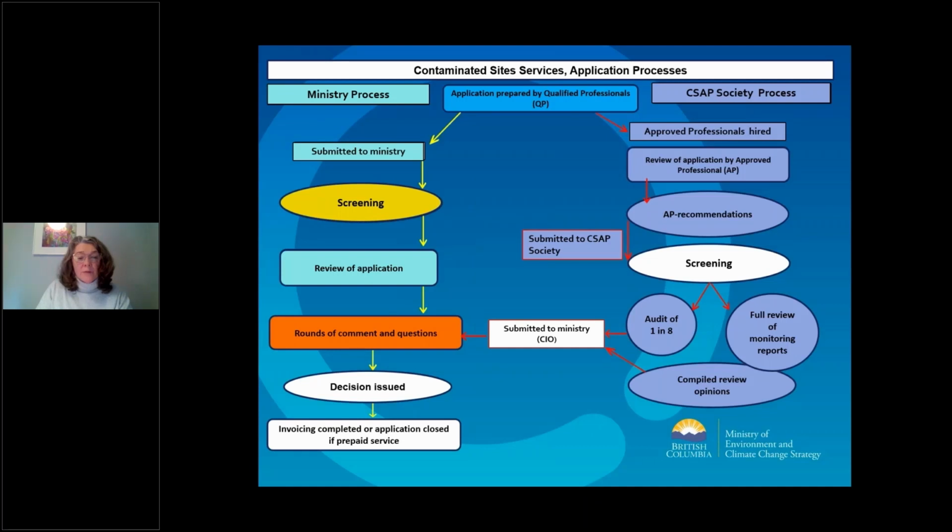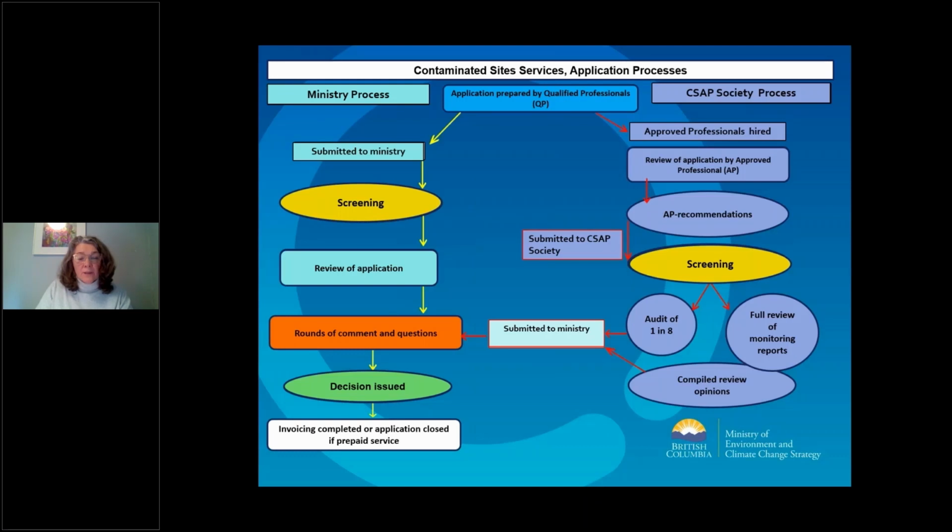It's the role of the CSAP Society to screen for completeness. Once the submission passes the CSAP Society preliminary and detailed screening, the complete application with a recommendation of an approved professional is sent to the ministry for assignment to a statutory decision maker. The final decision is issued when rounds of discussion between the statutory decision maker, qualified professional, approved professional, and/or responsible persons has concluded.